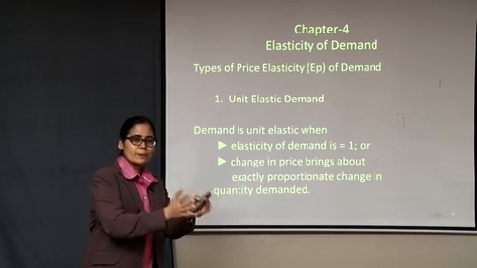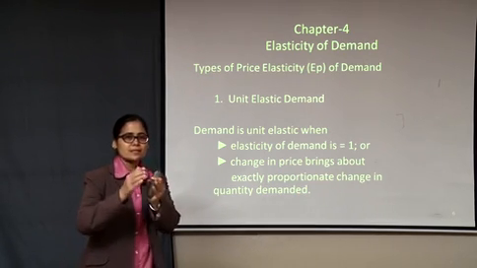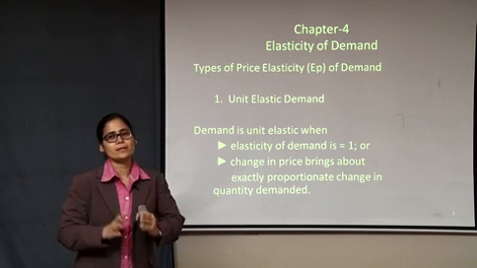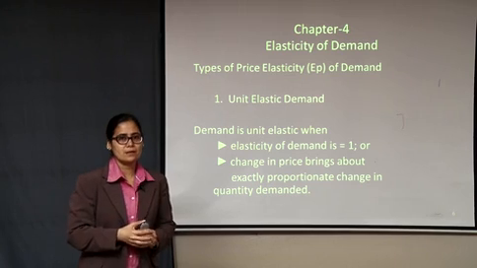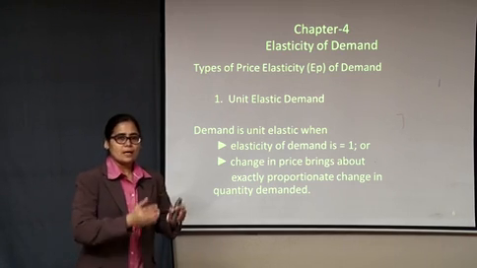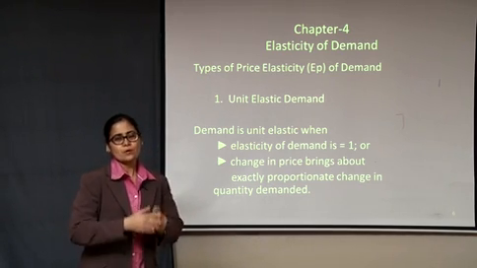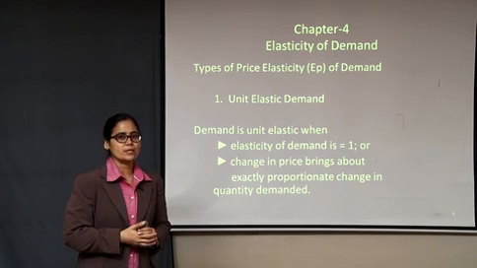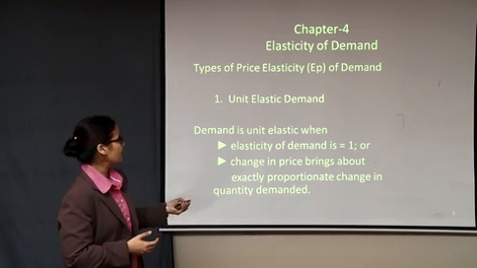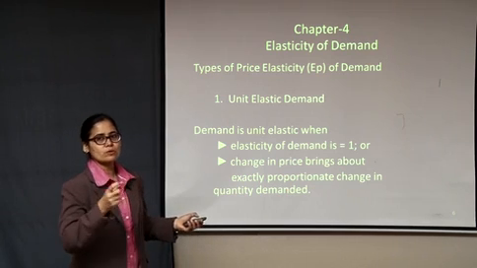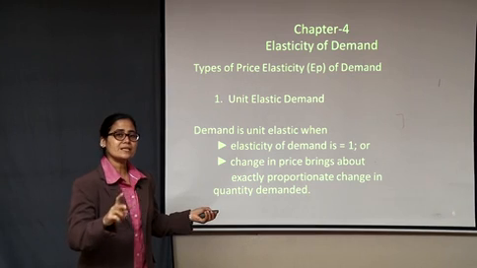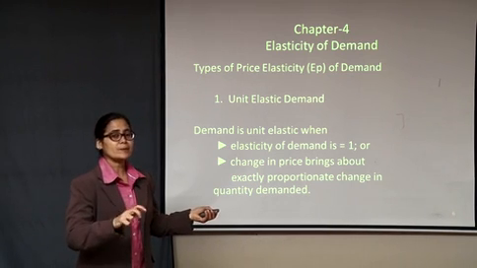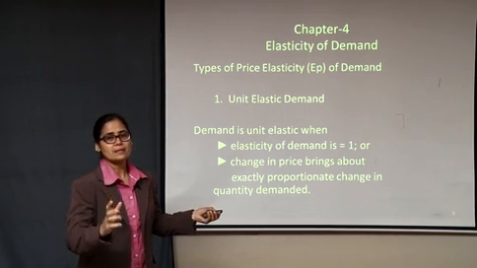So, if there is a 1% change in price, there is exactly 1% change in demand. Or as we took the previous number, a 2% change in price, when it brings 2% change in demand, your answer will be lying here, because 2 divided by 2 is equal to 1. So don't forget, percentage change in price and percentage change in demand will be the same.